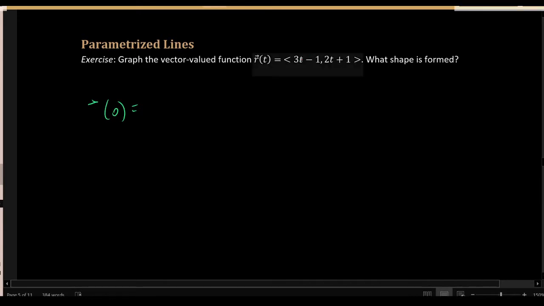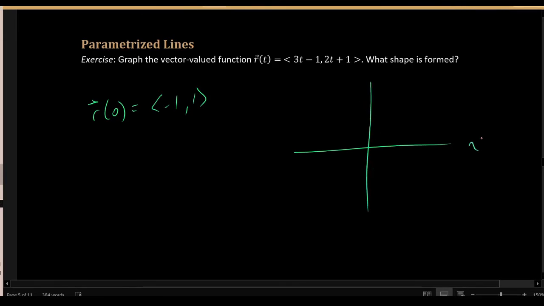If t is equal to 0, then I get 3 times 0 minus 1, and I get 2 times 0 plus 1. So on the xy plane in 2 dimensions, since I have a 2-dimensional vector-valued function, I'm going to indicate the terminal point where x is negative 1 and y is equal to positive 1.